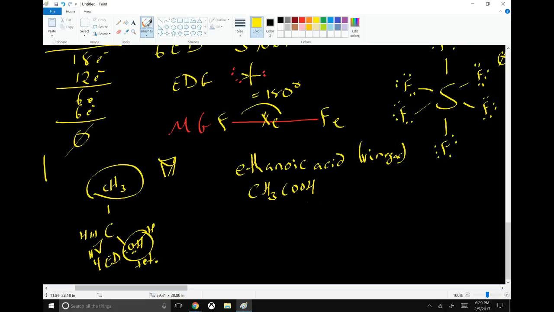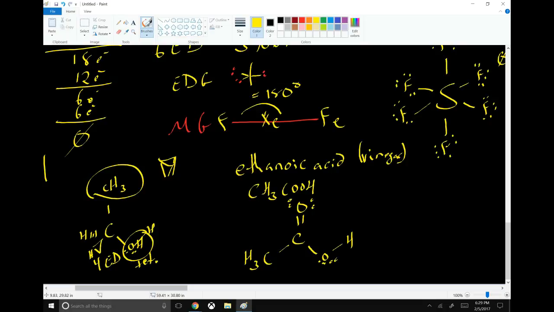So ethanoic acid, you have carbon double bonded to oxygen, bound to oxygen, bound to a hydrogen. So that's where the COOH comes from. Then that's bound to carbon with 3 hydrogens on it. So that's ethanoic acid or acetic acid or just plain old vinegar.